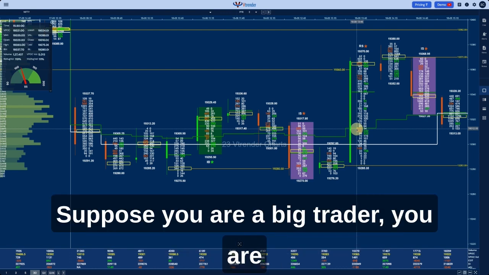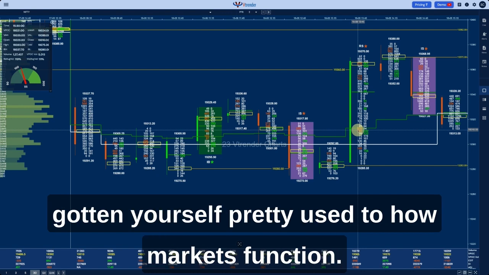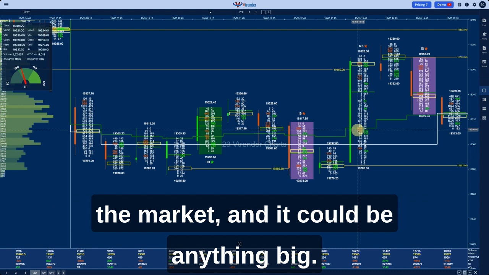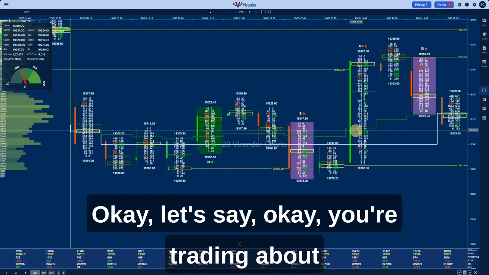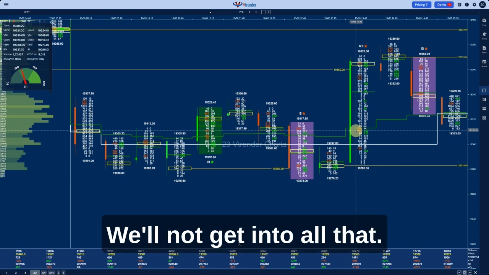Suppose you are a big trader, you are familiar with the way markets work, and you've gotten yourself pretty used to how markets function. Now you're confident and you are trading size in the market, and it could be anything big. Let's say you're trading about 500 lots at one time. You have that splitting software and all, we'll not get into all that.